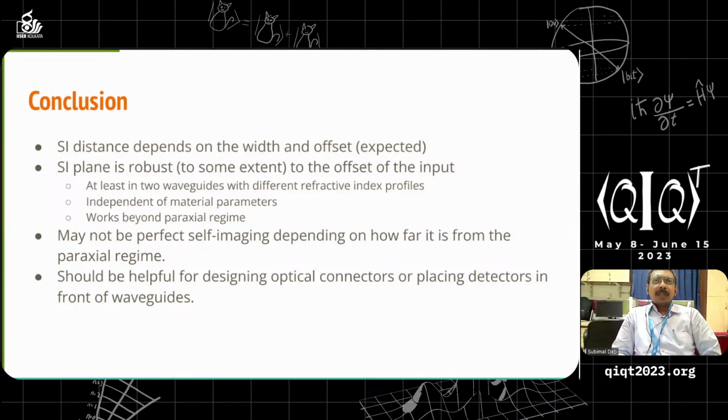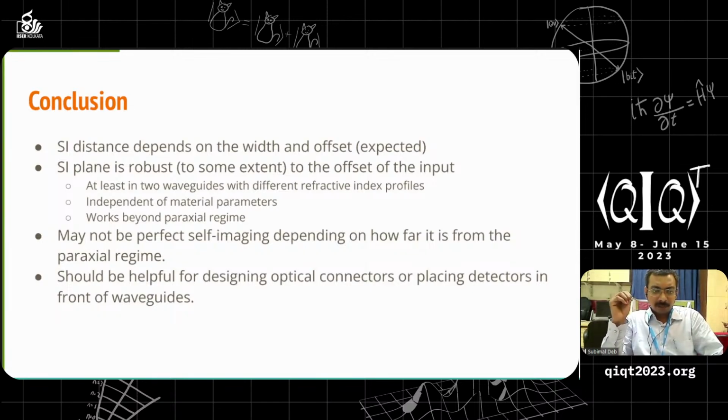But we keep in mind that if we have a very thin input beam, we may not end up with a perfect self-imaging, because we would be exciting the higher order modes or even the radiation modes, causing a leakage of some of the energy of the input beam. So we will have a localization, but it will not produce a perfect self-imaging. Perfect self-imaging would happen when we are in the paraxial regime.